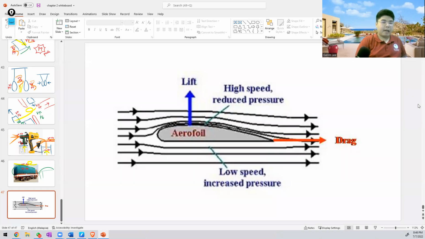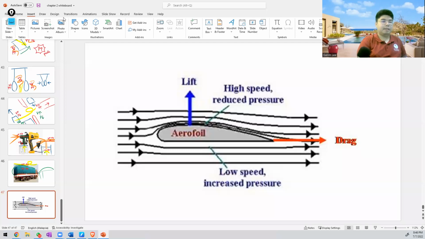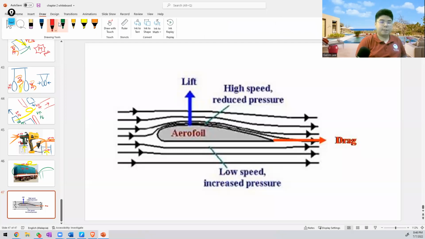What actually happens here is, this shape will cause the speed of the air at the top part to be high. Let me just put in my symbols, easy to see. The air at the top will flow at a high speed, while the air at the bottom will flow at a low speed. Based on Bernoulli, the pressure here will be high and the pressure here will be low.